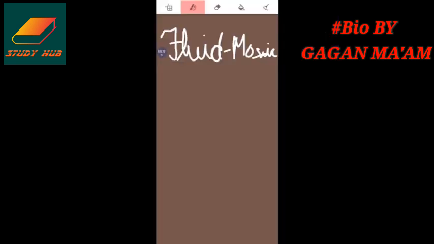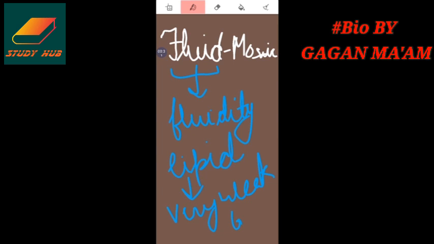Let's now discuss why we called this model the fluid mosaic model. The fluid nature comes from fluidity. Due to the fluidity of the membrane it is called fluid. The lipid molecules are actually linked with each other by very weak bonds.